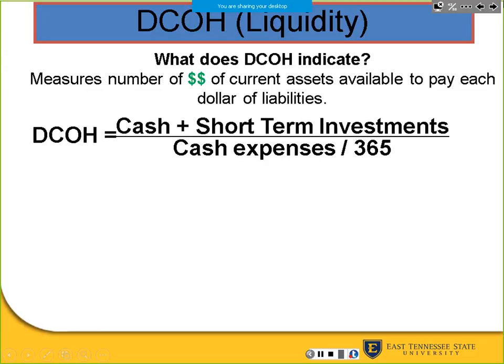So where are we going to go to find this information? Cash plus short-term investments divided by cash expenses. What's our first number going to be? Do you go to cash flows or do you go to the balance sheet?